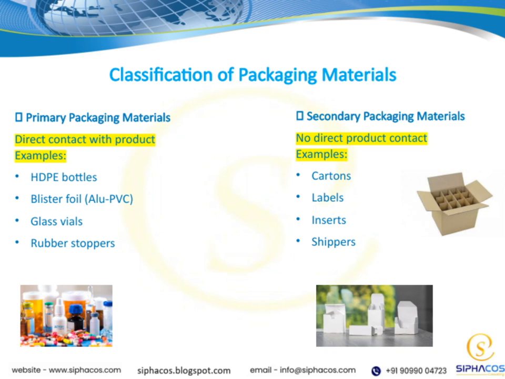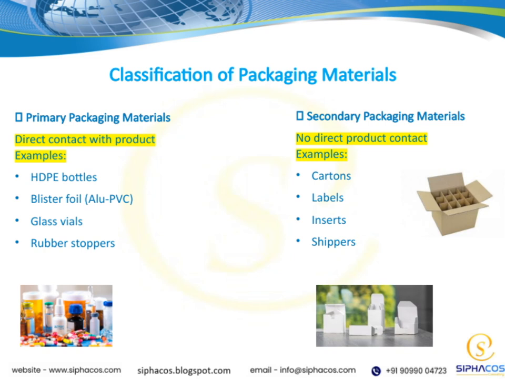Moving on, we have primary packaging materials. These are the materials that actually come into direct contact with the product. They are essential for maintaining the product's integrity, safety, and sometimes even its efficacy. Common examples include HDPE bottles, blister foils made of aluminum and PVC, glass vials, and rubber stoppers.